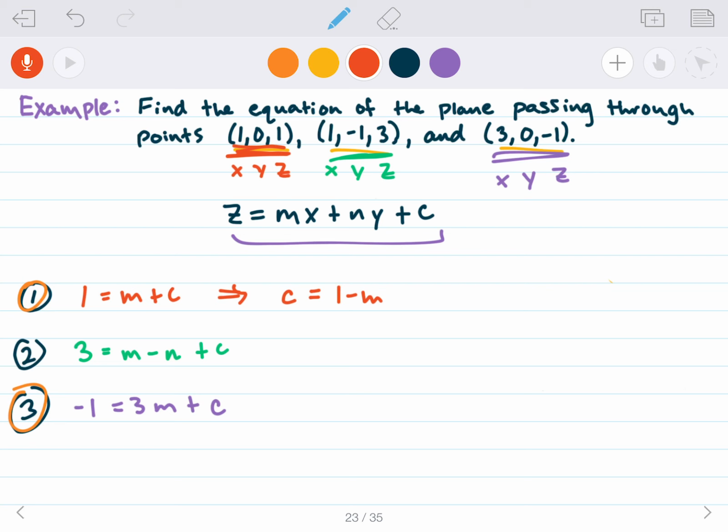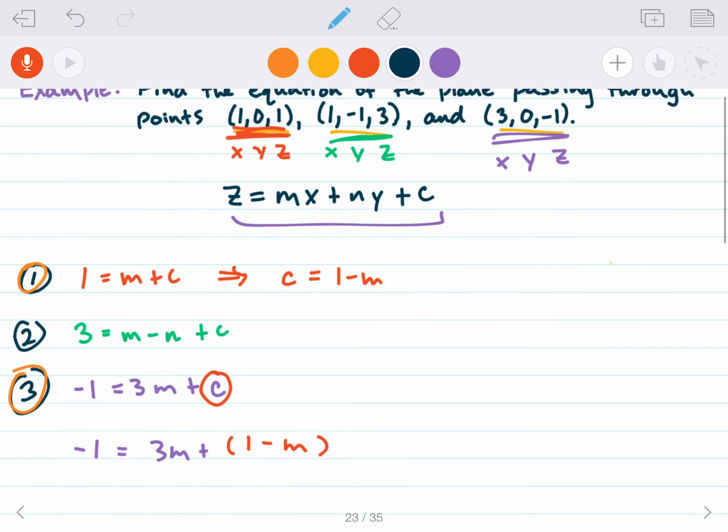Since c equals 1 minus m, I can plug that in right here to turn this into a 1 variable equation. I have negative 1 equals 3m plus, instead of c, 1 minus m. So now I can solve this equation for m.